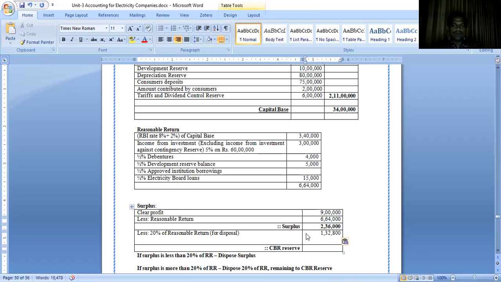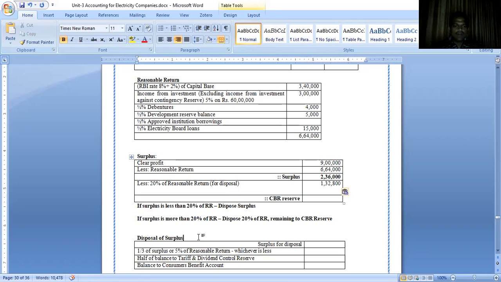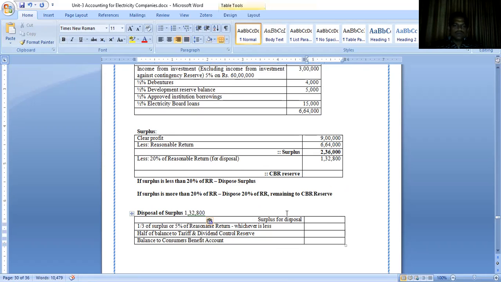So this 1,32,800 we have to dispose of, because surplus is more than 20% of reasonable return.